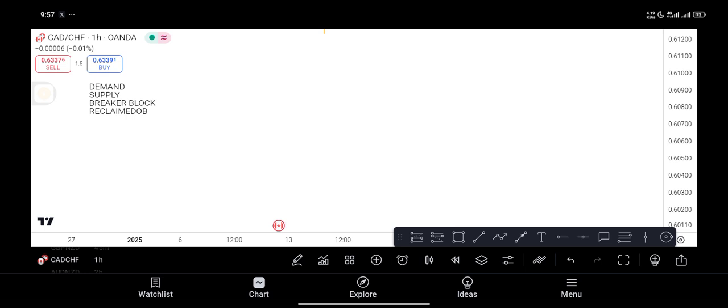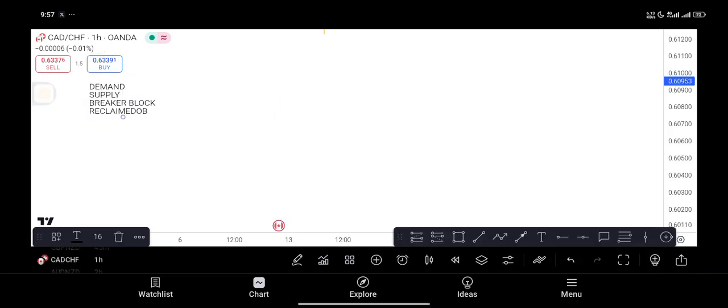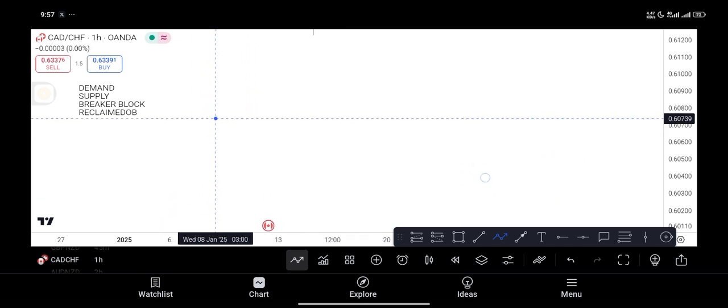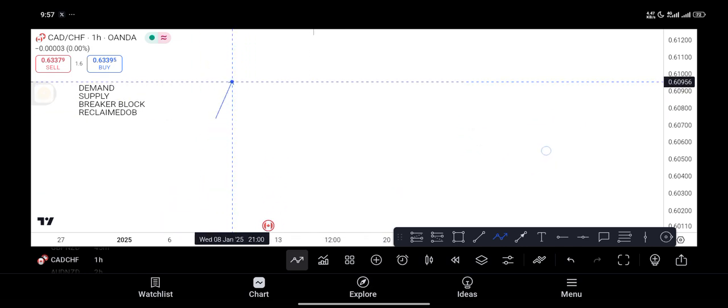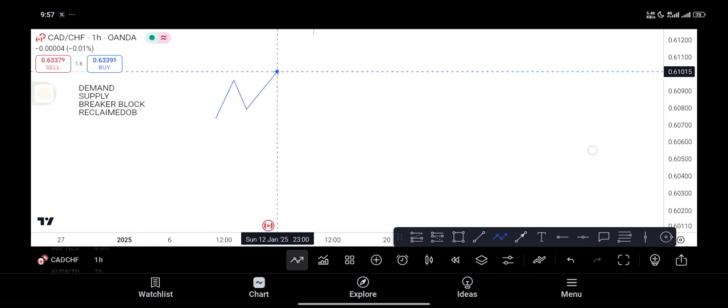So anyways, without wasting much time, we're talking about the POIs. I wanted to talk on the entry models. Our first entry model, remember, if we are in a buy scenario, yes, we are in a buy scenario, this is your first entry model.